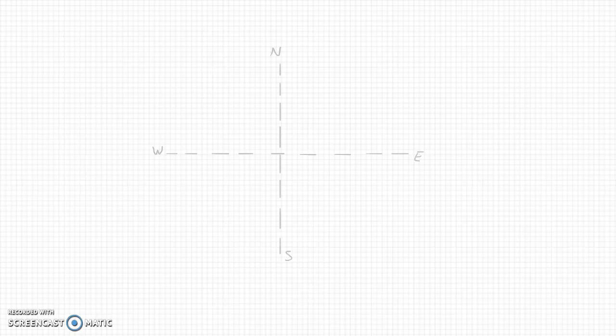So let me remind us of a couple things. If you were to look at a compass, north would actually be listed as 0 degrees, east would be listed as 90 degrees, south would be listed as 180 degrees, and west would be listed as 270 degrees. This is what's known as bearing.